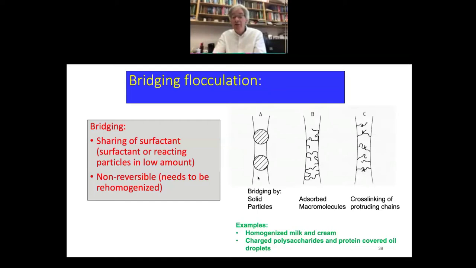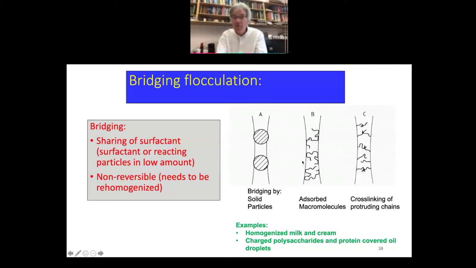So here are examples where, if we have particle stabilization, what's often referred to as Pickering stabilization of an emulsion by particles, then those particles might be shared between two droplets. If we have a large protein or a protein aggregate, such as a casein micelle, it could be shared between two droplets.